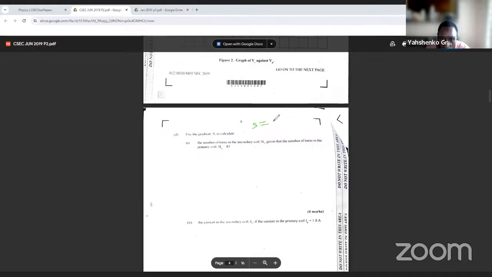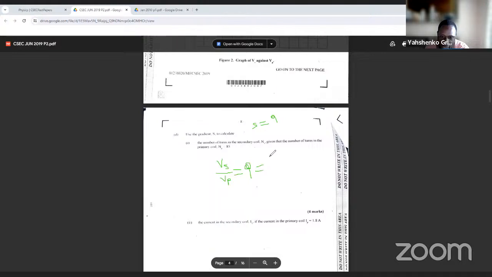So we have S is equal to 9. All right, so the number of turns in the secondary coil, NS, given that the number of turns in the primary coil. So here's the thing now. Are you ready? If VS over VP is equal to 9, guess what?